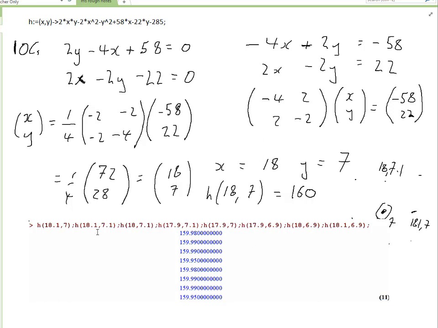So I've gone effectively to all the points near 18, 7, and put them back into the original function. And I found in every single case, the value of the function has gone down slightly. So wherever I move, the value of the function is going down. So that means that this is a maximum.